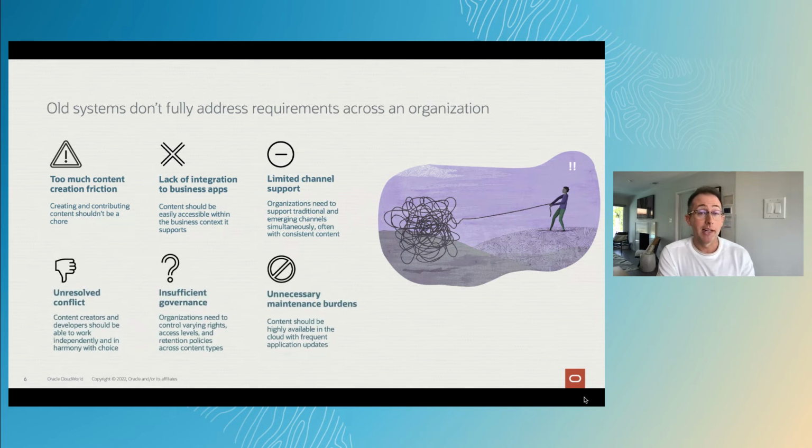The list continues. There are other challenges as well. There are challenges as they relate to content creators and developers. They should really be able to work in harmony and should be able to use development frameworks of their choosing and content creation applications of their choosing. That isn't always possible with older CMSs.